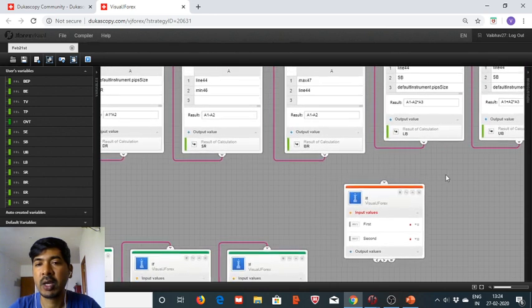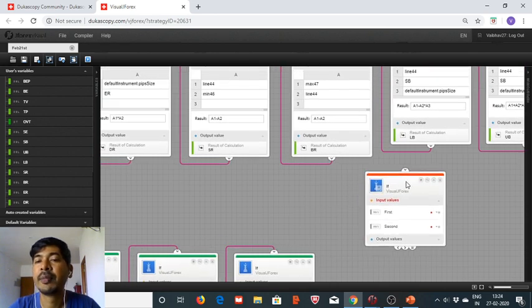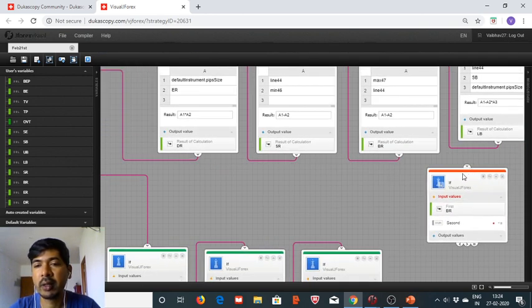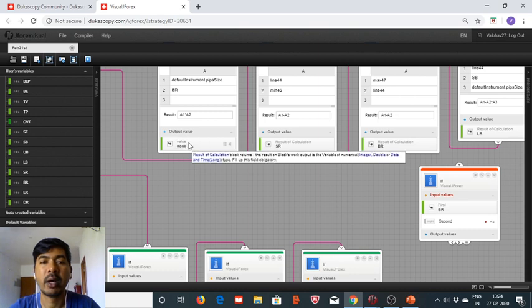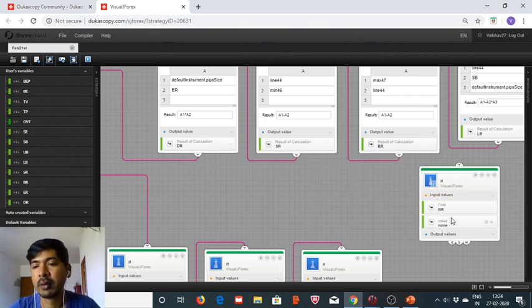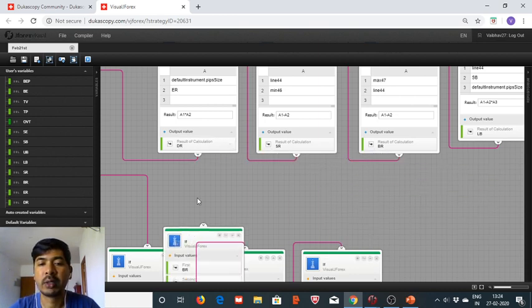So here the BR maxima minus SMA should be greater than SR, sorry, DR. So we have put in the condition here also.